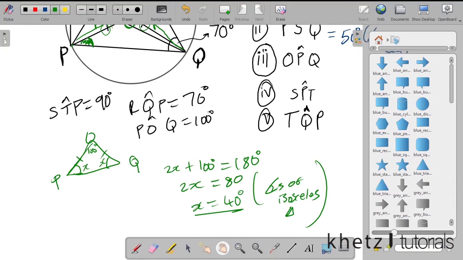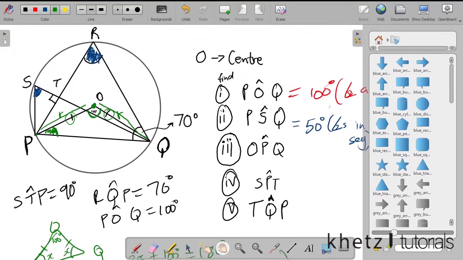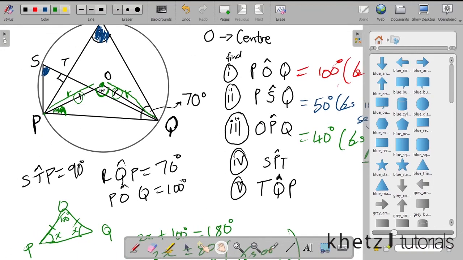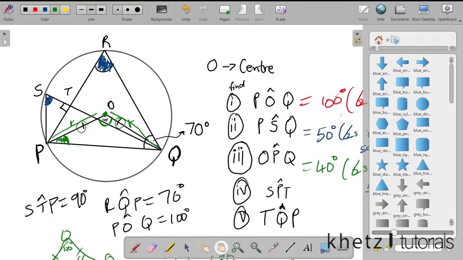And therefore, we now have a value for our OPQ. So OPQ is therefore equal to 40 degrees. And the reason for that would be angles of isosceles triangle. Okay, so now move on to SPT.